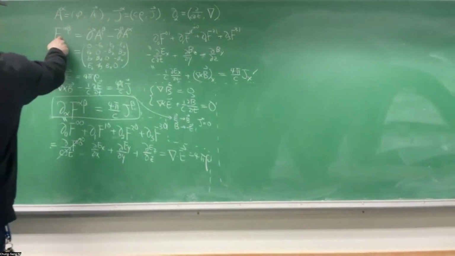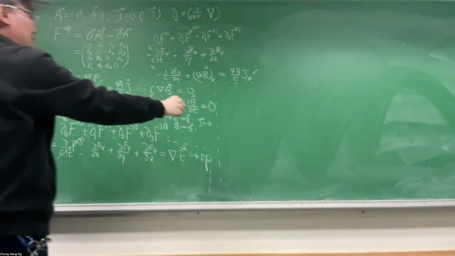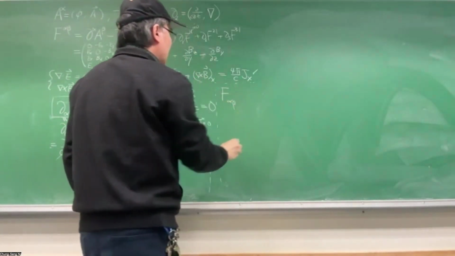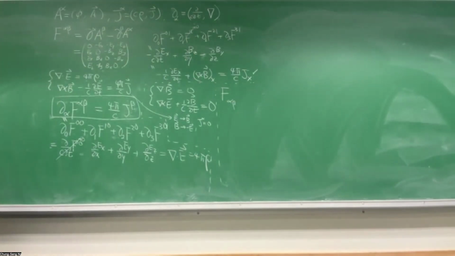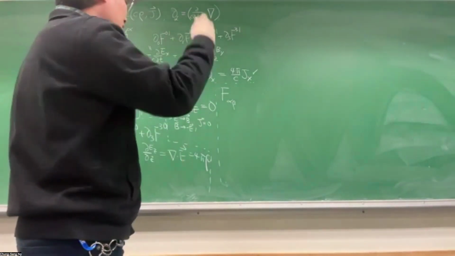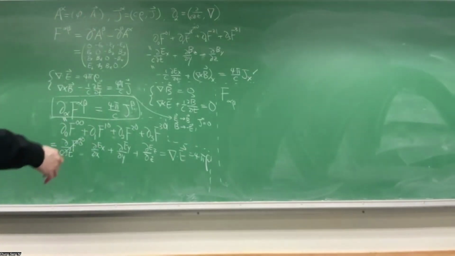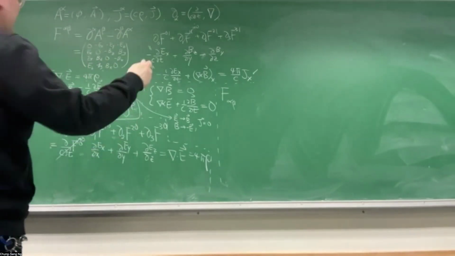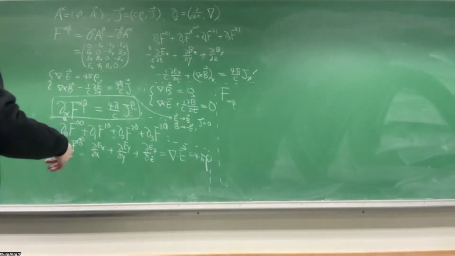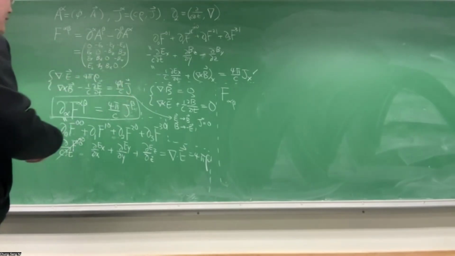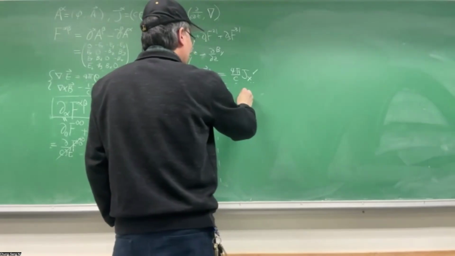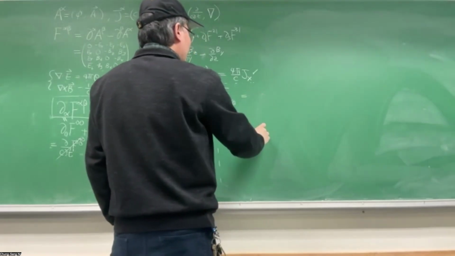The covariant one is just what we define as F with the subscript alpha beta. We do that the usual way, using the metric tensor to lower the index. So you use the metric tensor to change a superscript to a subscript, or vice versa. In this case, it's a rank-two tensor, so you need two metric tensors.